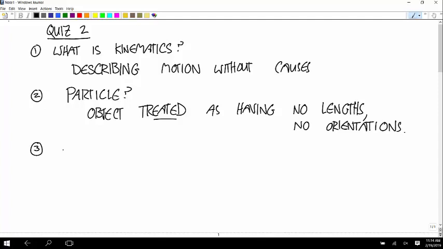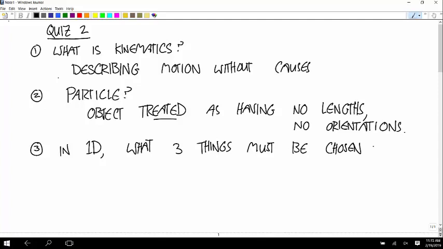What 3 things in 1D must be chosen to express position as a function of time?